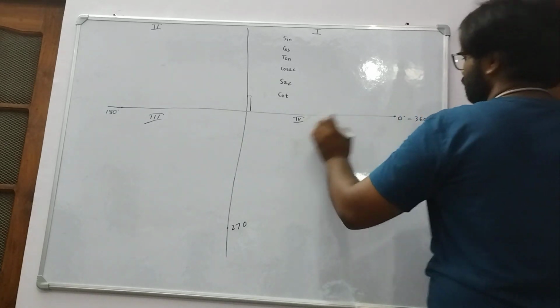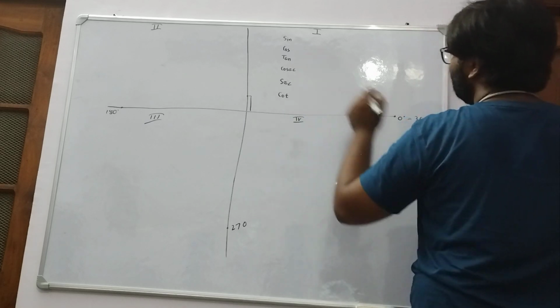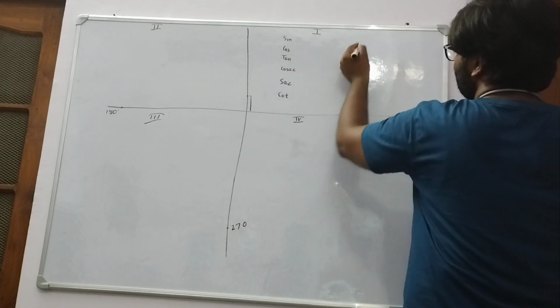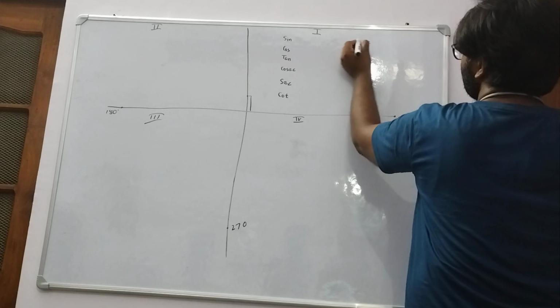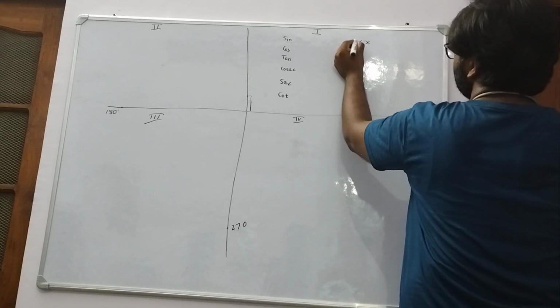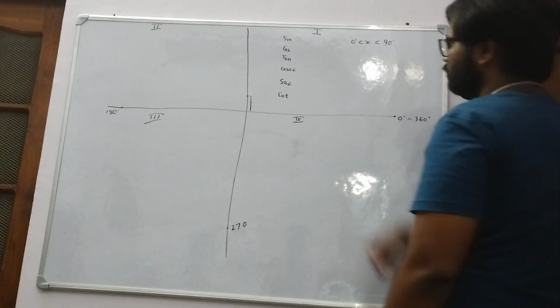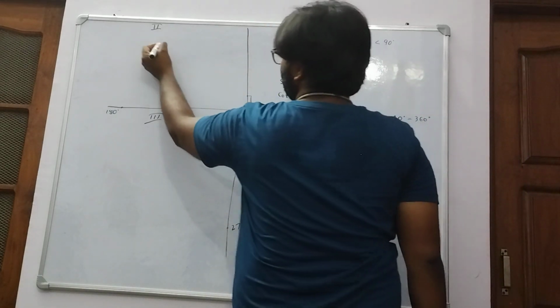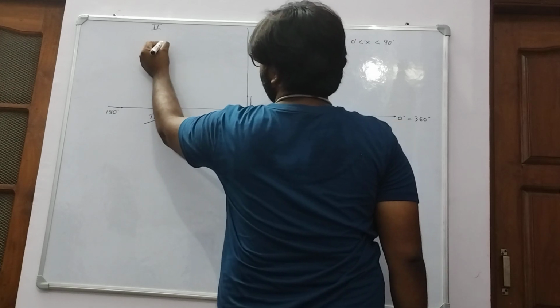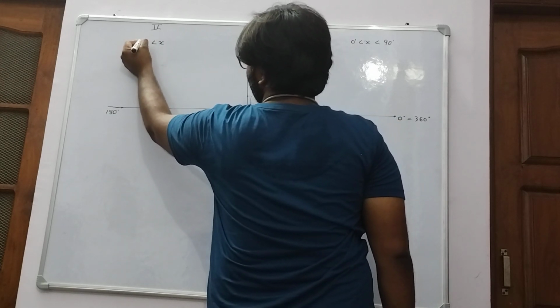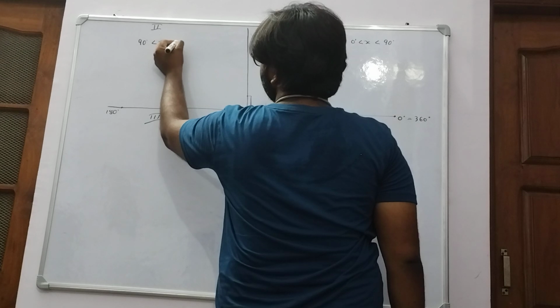Now this is 0, this is 90, so I can simply say whatever the degree lying over here will always be greater than 0 and less than 90 degree. Similarly in the second quadrant, the degree will be greater than 90 degree and less than 180 degree.